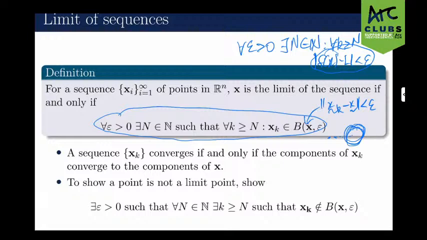This is the definition for being a limit point. If you want a definition for not being a limit point, I just need to negate this. I change the for all to exists, I change the exists to for all, and so on, and I negate this, and I'm done. That's how you prove something is not a limit point from a definition.